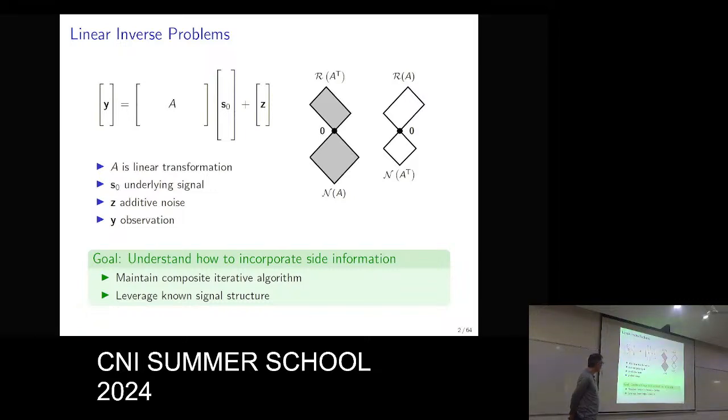And our goal is to start from observation y and get some estimate of S0. And we will do that with our composite iterative scheme, and we'll try to get to a point where we can leverage some signal structure that we have on the left in the domain of the linear transformation A.